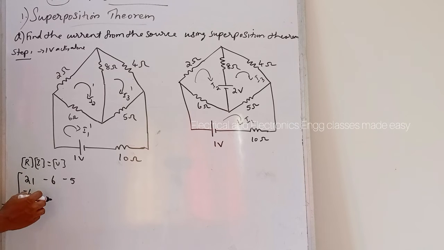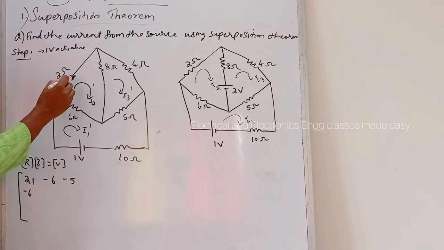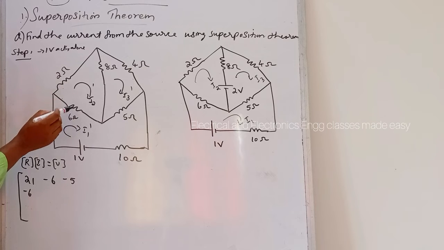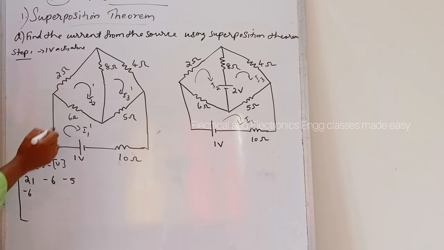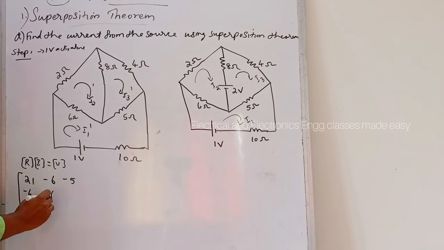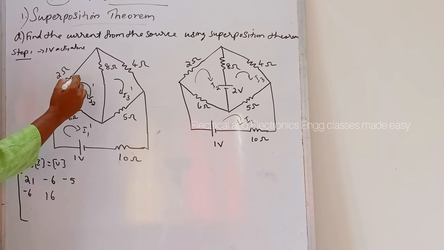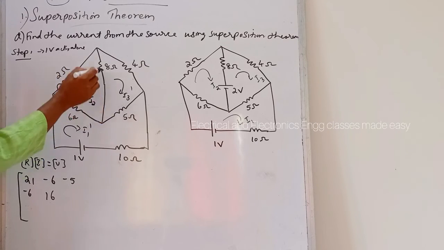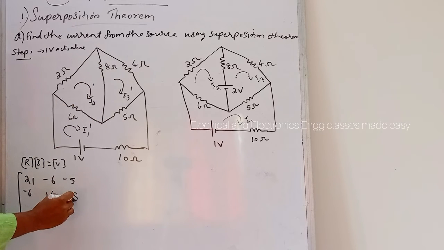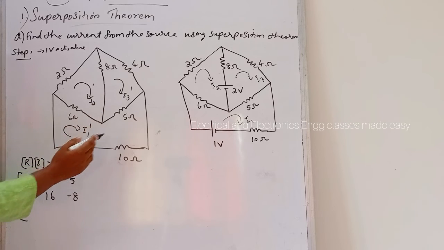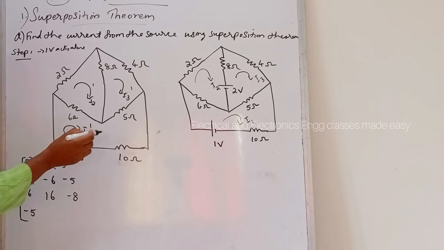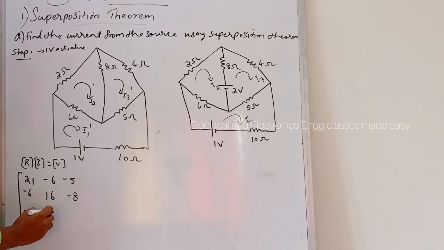Then R22 is the self resistance in the second loop, that is 6 plus 2 plus 8, that is 16. Then R23 is the mutual resistance between second and third loop, that is 8. I2 dash in this direction, I3 dash opposite, that is minus 8. Then R31 is minus 5. Then R32 is minus 8.